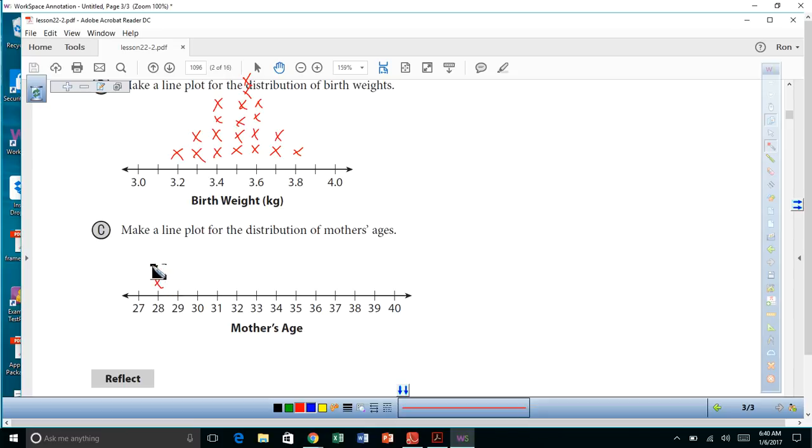There were 2 that were 28 years old, 4 that are 29, 4 that were 30, 3 31s, 2 32s, 2 33s, 1 34, 1 35.